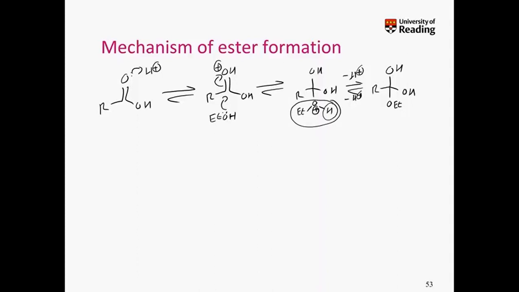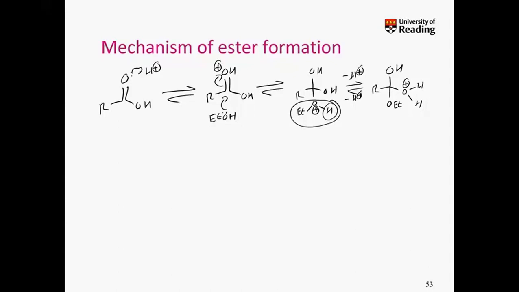For example, that OH has one hydrogen already, so we can add a second hydrogen to it and form OH2 plus, which when it leaves makes water, and that is a very good leaving group.